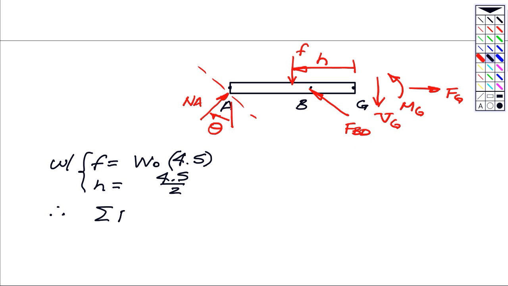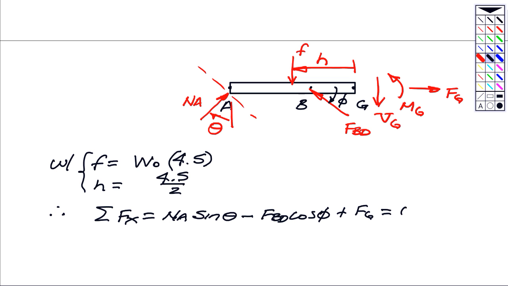So therefore, from this FBD, I can write down 3 equations. One, I'm going to sum the forces in x. I get NA sine theta. I have a minus FBD, and this angle again is phi, FBD times cosine phi. I will have for the x component also FG, one thing we're trying to find.